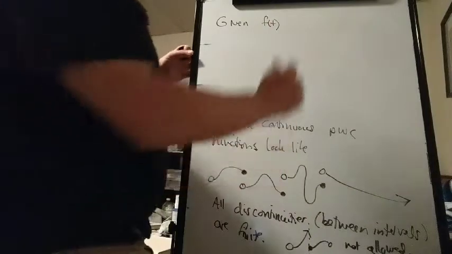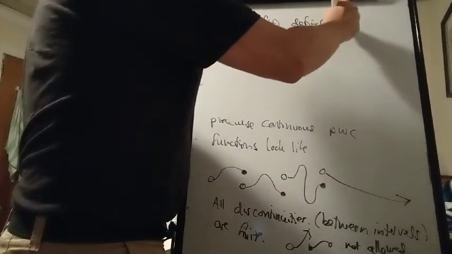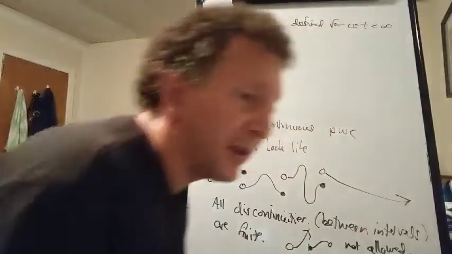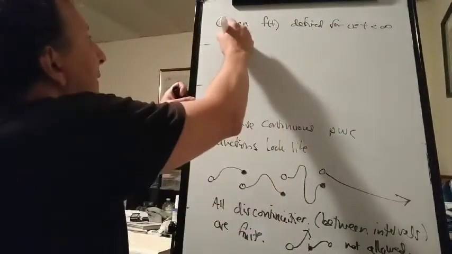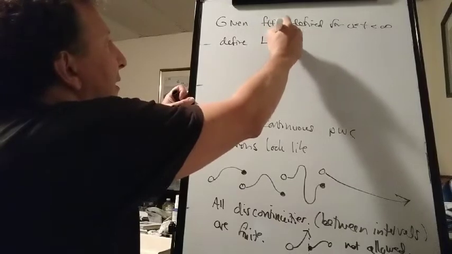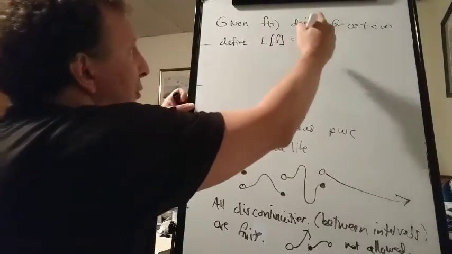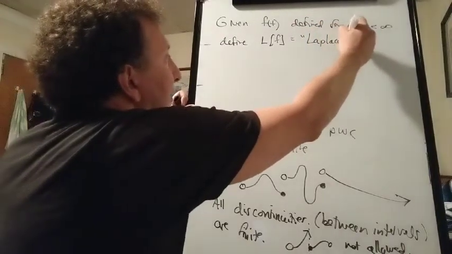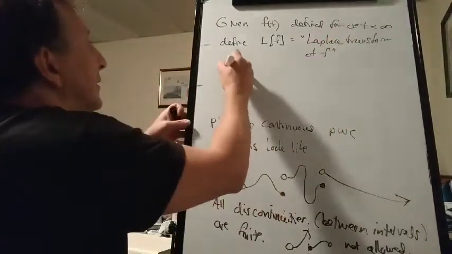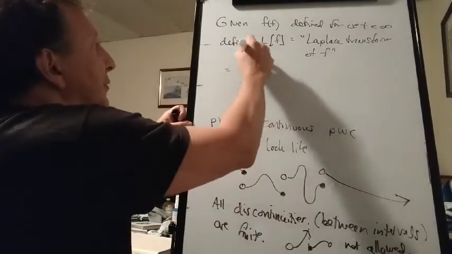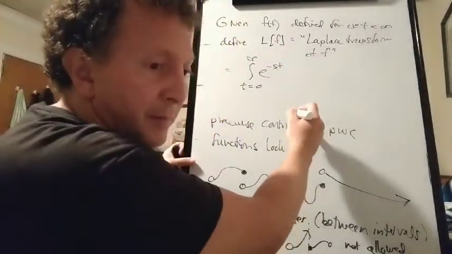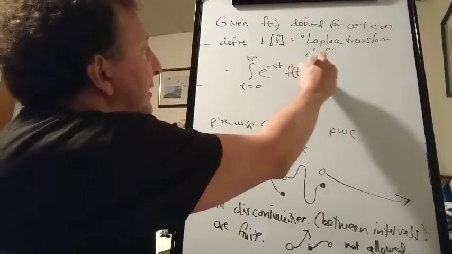If we're given a function f of t defined for t between 0 and infinity, so t non-negative, we define L[f], called the Laplace transform of f, to be the integral as t goes from 0 to infinity of e to the negative st times f of t dt.